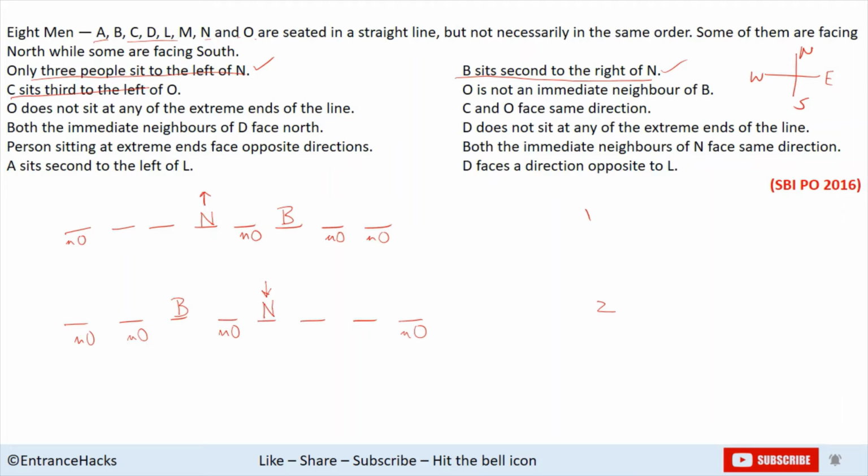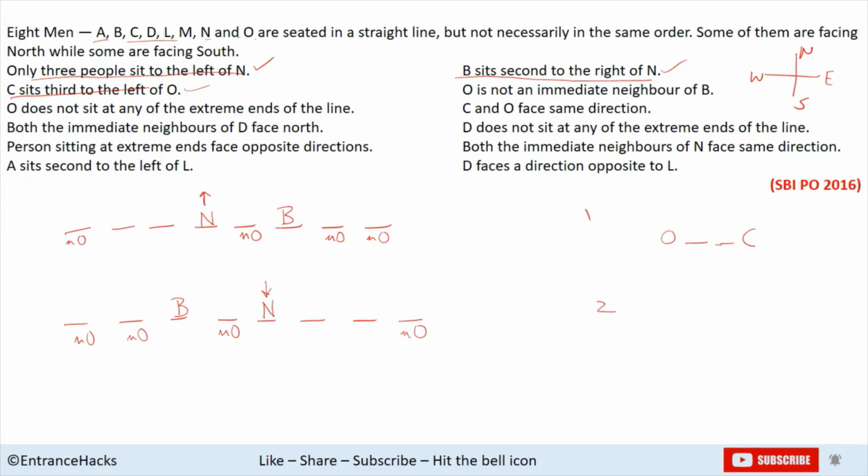So we can go back to the third statement. C sits third to the left of O. If C is sitting third to the left, that means between O and C there should be two positions. So we see, if O is here, C cannot be here, as there is just one position, and N would be left.